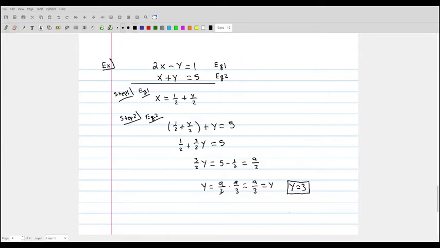Then we use that information and plug back into equation 1. x is equal to 1/2 plus y over 2, which is 1/2 plus 3/2, or 4 over 2, which is just equal to 2. So this linear system is consistent, and it has the solution x equals 2, y equals 3.